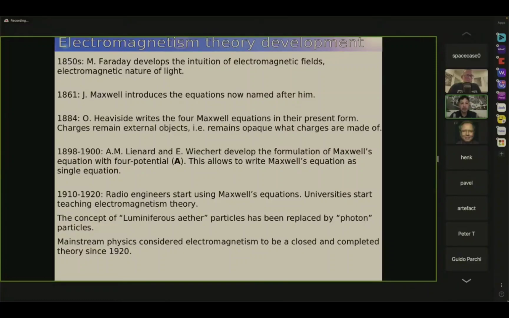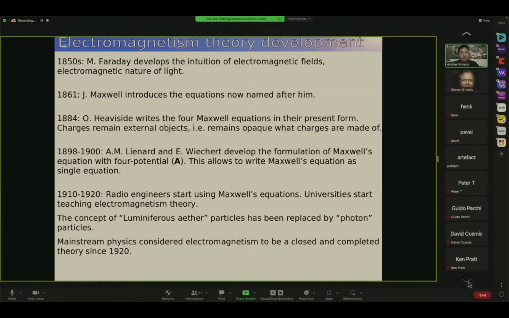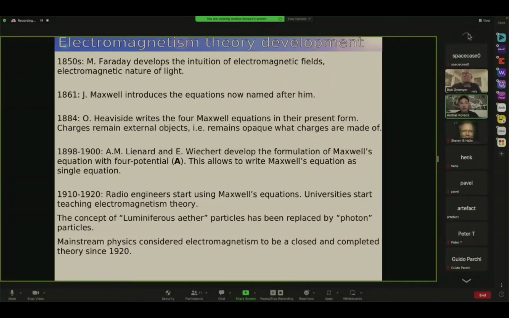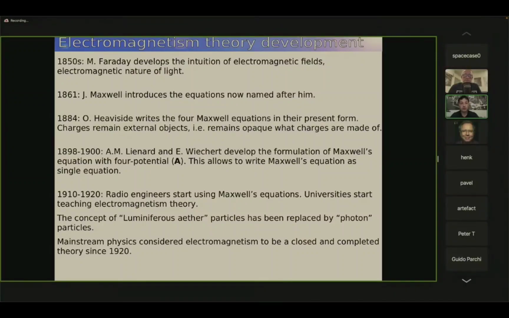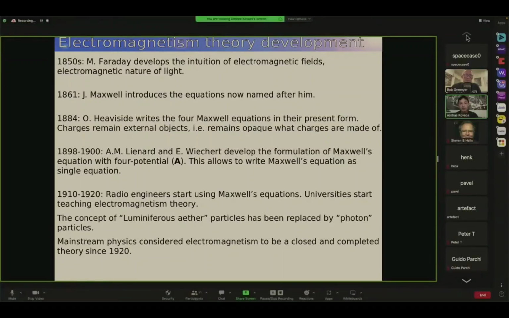So the history of electromagnetism really goes back to the 1850s. Michael Faraday has been the first to develop the intuition about electromagnetic fields, and he has been the first, as far as I know, to formulate the electromagnetic nature of light. But he could not put it into equations. Well, the first one who put it into equations is James Maxwell, who introduced the equations now named after him.